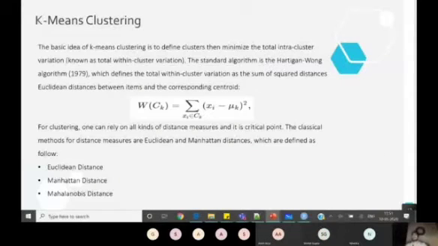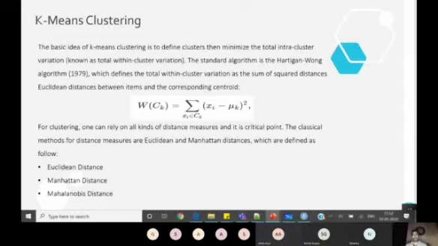A famous example I would say is in the retail industry, when you want to segment your customers. I personally used it for segmenting retail customers. The most particular segmentation that you can do is RFM.